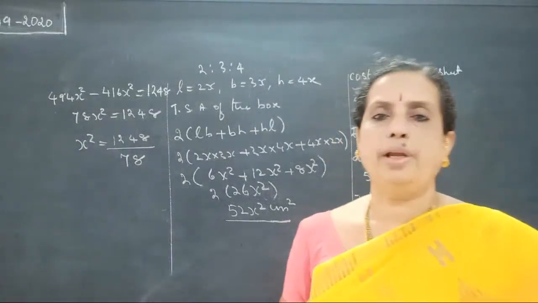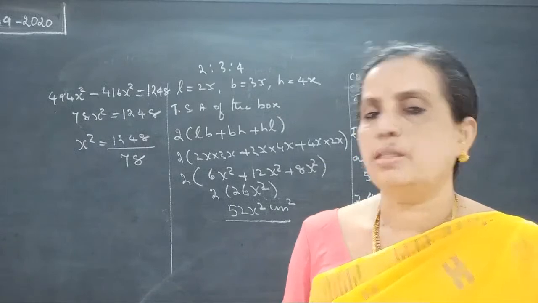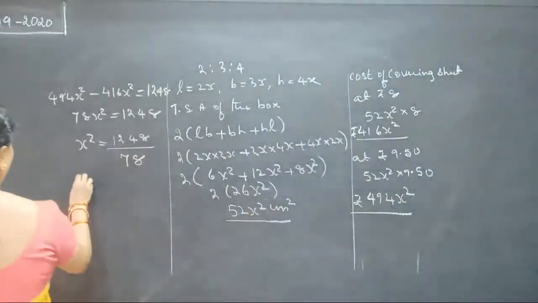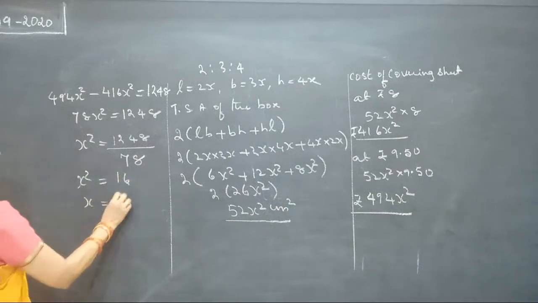What's the quotient you will get on dividing? Yes, it is x square equals 16, x equals 4.